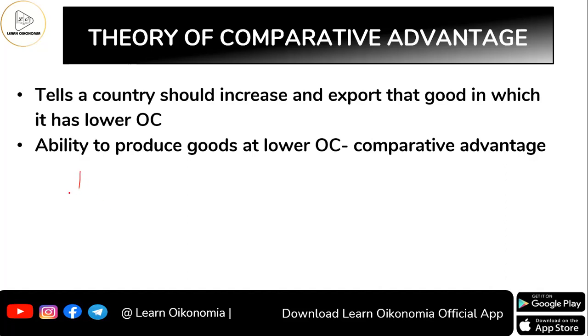If a nation has a lower opportunity cost in producing a commodity, it has a comparative advantage there, and it can increase the production of that good.